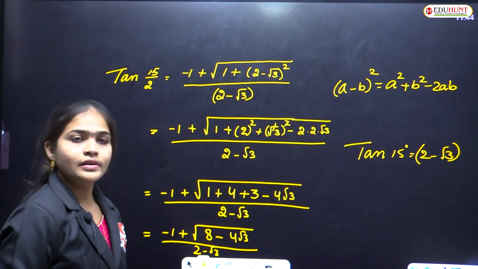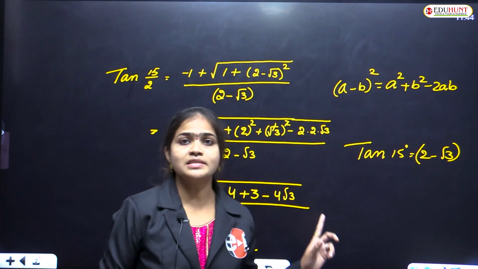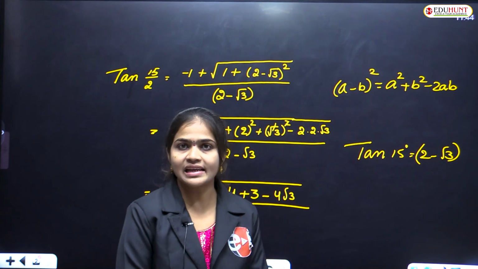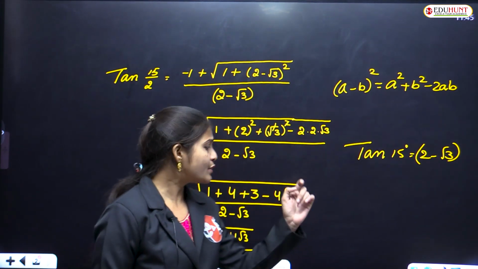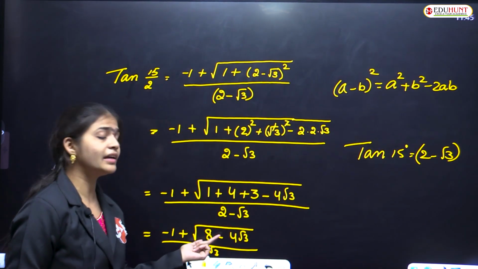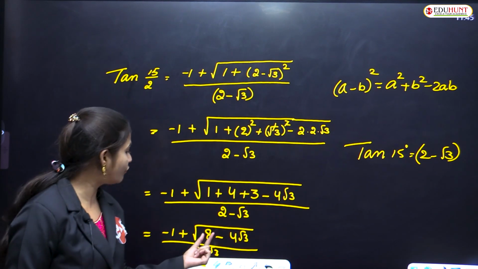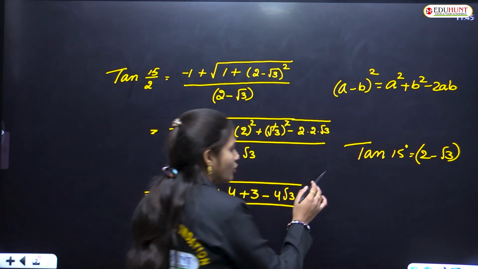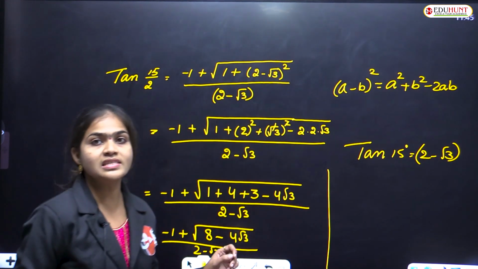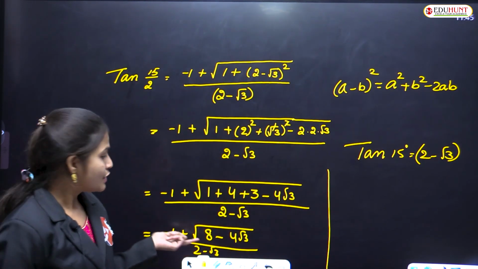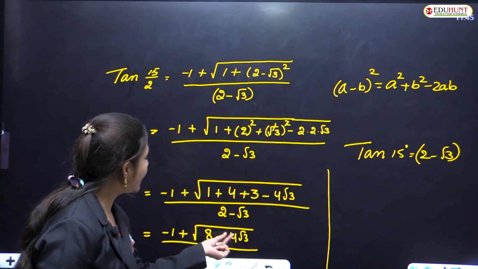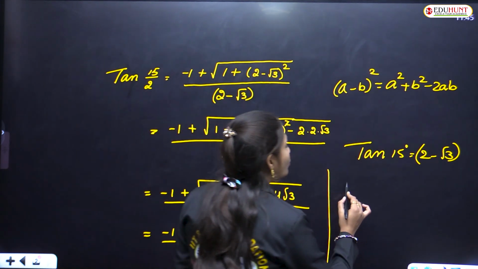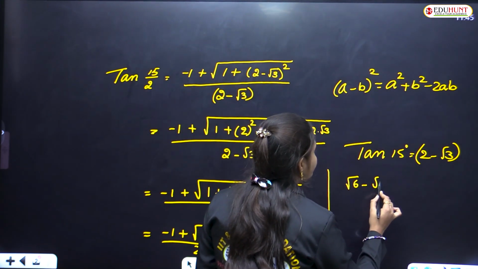Children, in previous classes we learned surds; in 7th class we have the surds concept. In that concept I told you how to write the square root of 8 minus 4 root 3. I am not explaining that concept here, I will just tell you the square root of this. The square root of 8 minus 4 root 3 is root 6 minus root 2.